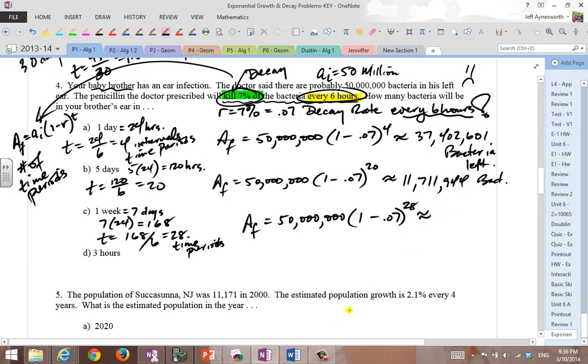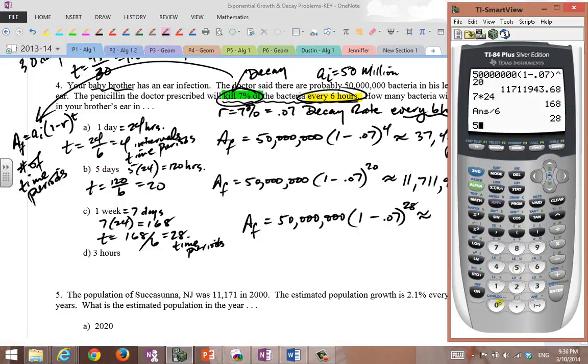It should be less than 11 million, right? Because we're talking about 7 days versus 5 days. So let's figure this out. 50 million, 1, 2, 3, 4, 5, 6, times 1 minus 0.07. Uh-oh, that was a mistake. Gotta be careful with that right there. I put in the wrong decimal, and again, garbage in, garbage out. So on the calculators, you gotta put in the right values.